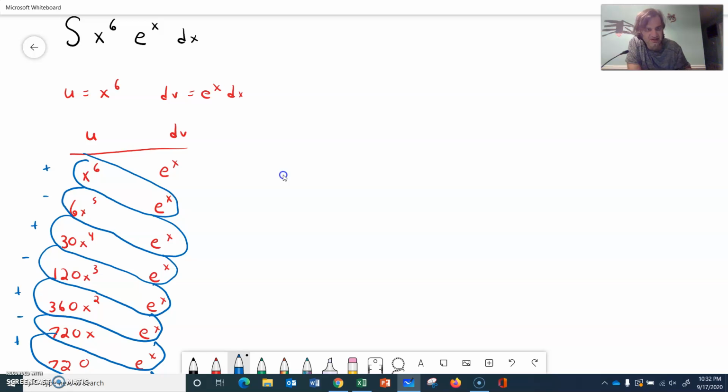We might have to come back down and grab some things, but I think we'll run out of room either way. So the first term of this will be x to the 6th e to the x, and then minus 6x to the 5th e to the x.